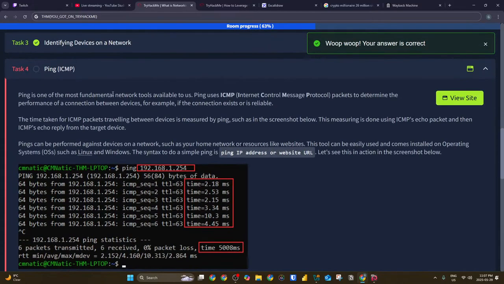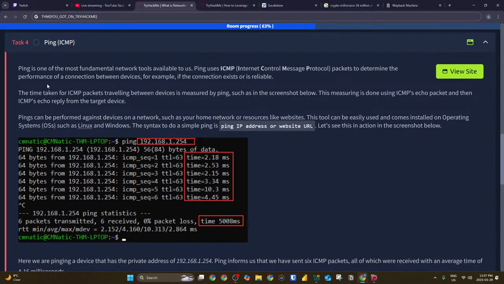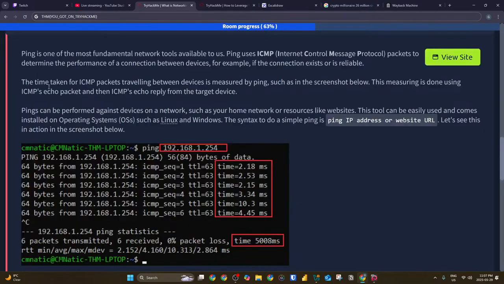Beautiful. Now let's talk about ping. This is a very interesting thing to use to see if you are able to connect to the internet through a system. Let me increase this. Ping is one of the most fundamental network tools available to us.